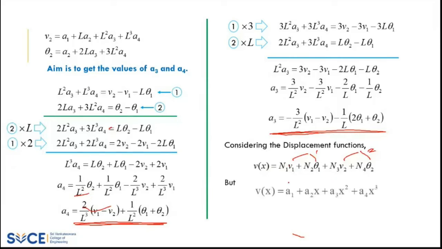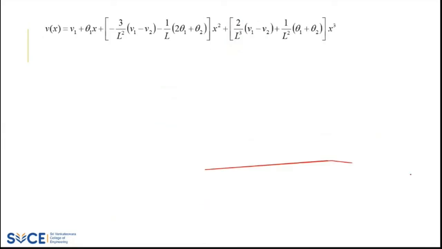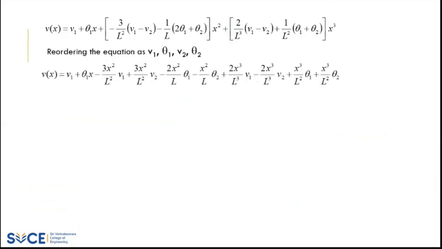So I am rewriting this, right? You know that this V of x is a1 plus a2x plus a3x square plus a4x cube. Substituting the values of a1, a2, a3, a4, you get an overall equation, right? So solving that equation, after substituting everything in terms of this, you will get this overall.